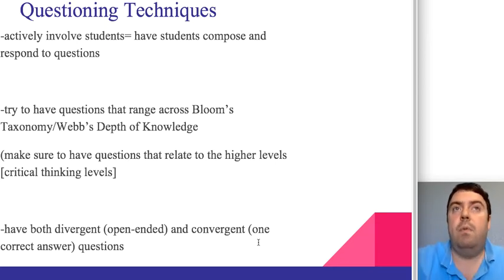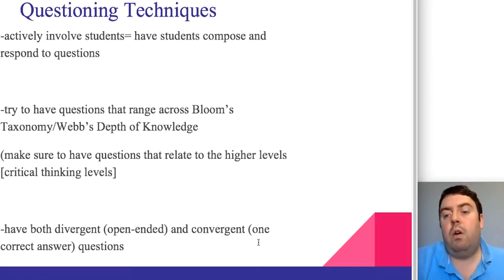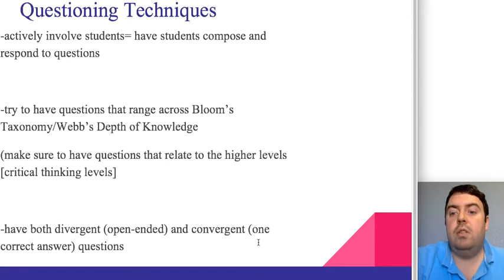So you want to have both low level or low order thinking questions, but you don't want to stay there. You want to have primarily, eventually, higher order thinking questions. And so higher order thinking questions in general are not one-word questions or one-word answers.